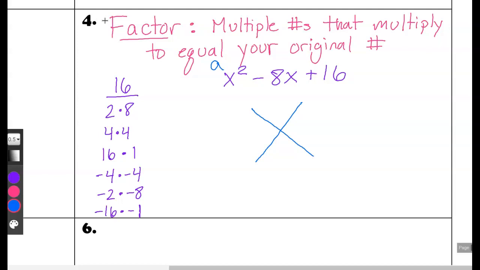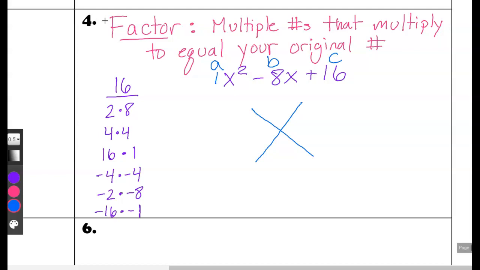What's the b term? All right. The b is the number in front of your plain x, and the c is your constant. Now, there is no number in front of the x squared. What's invisible there, do you think? A 1. There's an invisible 1 in front of your x squared.